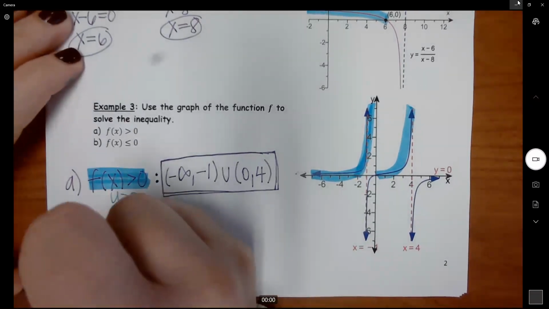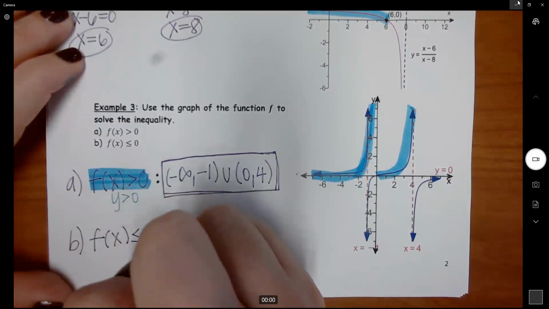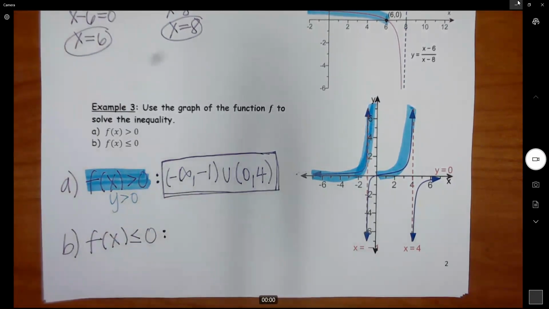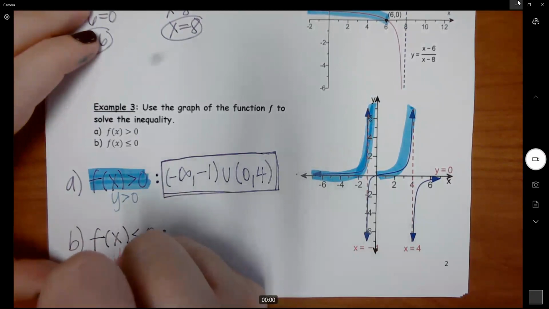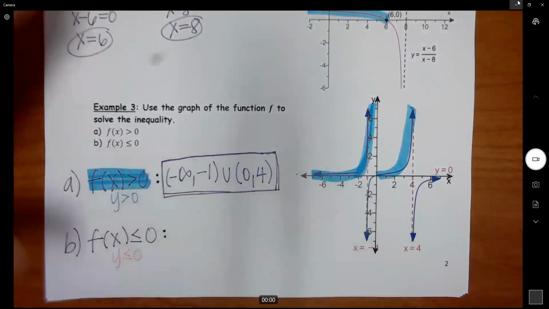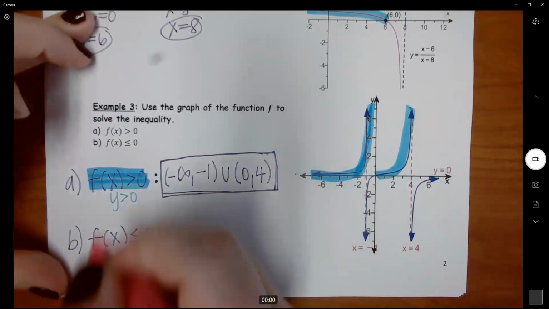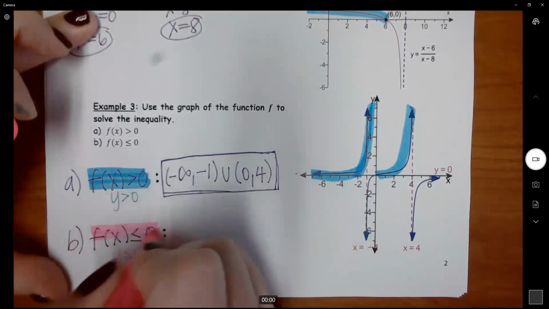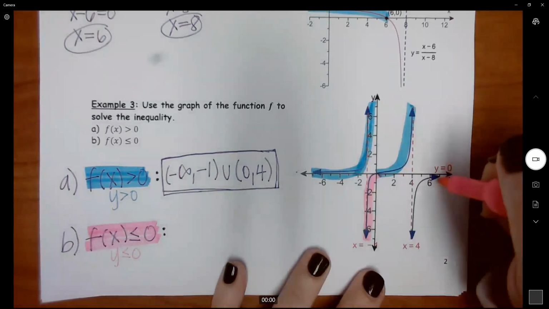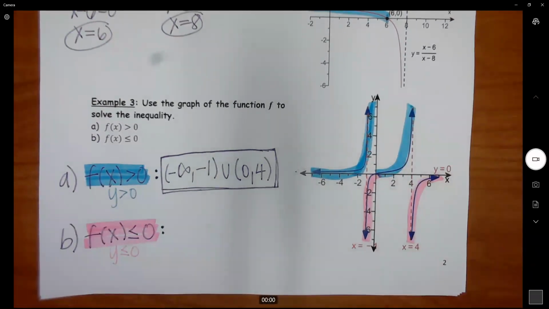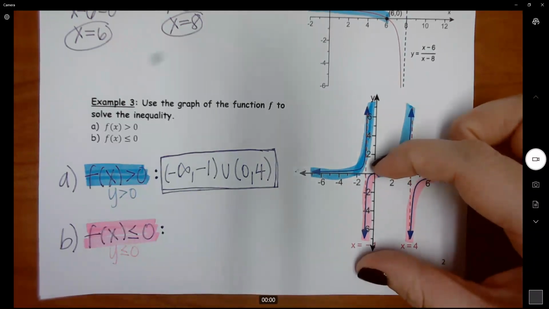Okay, so then part B, when f of x is less than or equal to 0. And this is again just another way to say when y is less than or equal to 0. So now this is everything below the x-axis, because this is when my y values are less than 0.